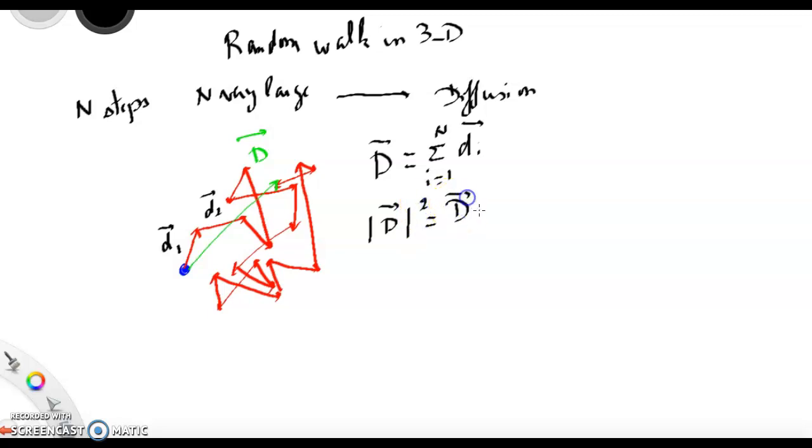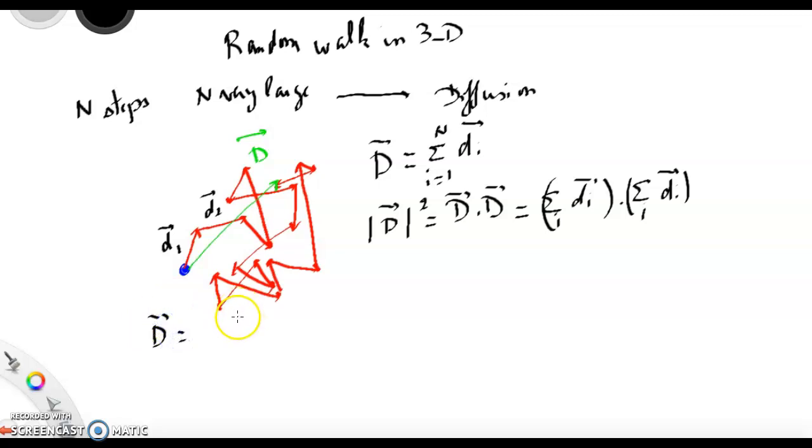Because it's simply the dot product of D with D, which is the sum over i of di dotted with the sum over i of di. It so happens that the dot product is distributive. So basically, I'm multiplying d1 by d1, d2 by d1, d3 by d1, etc. And then I'm multiplying d2 by all the others.